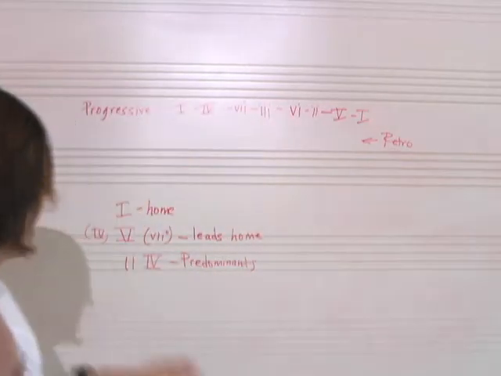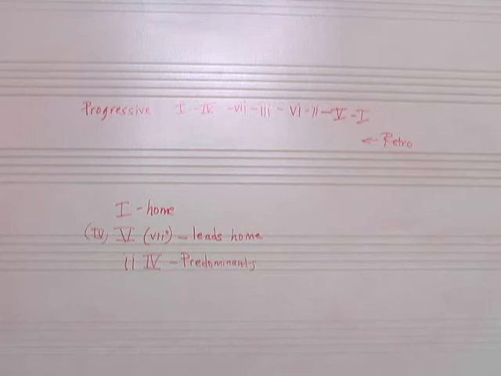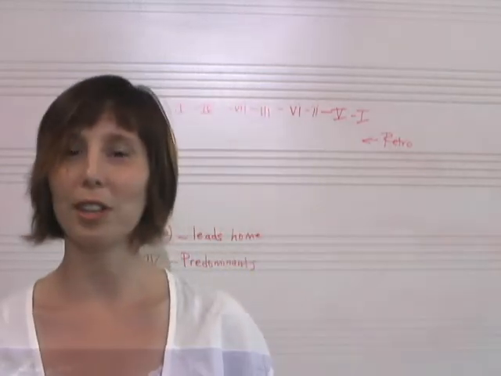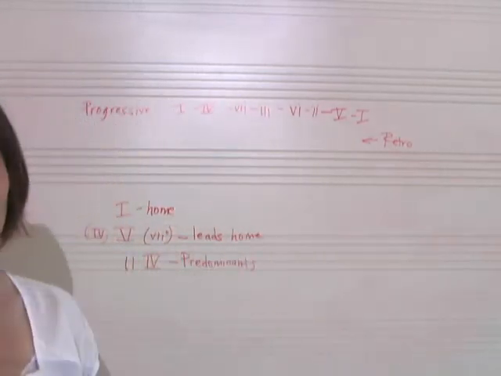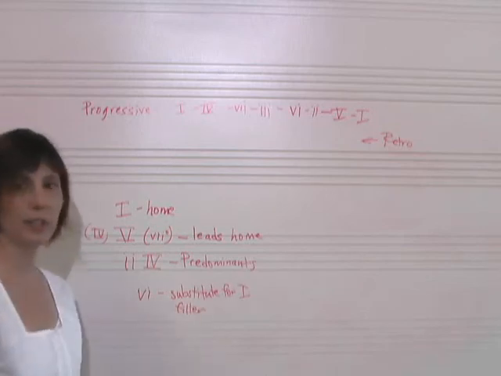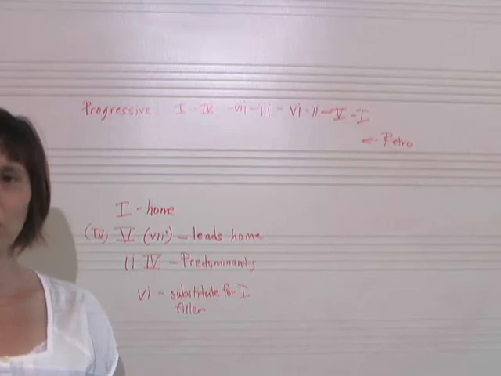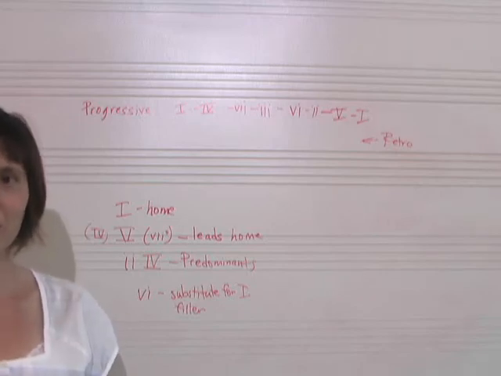And so we could substitute a 2 chord for a 4 chord. And then, of course, there are other chords we haven't mentioned. 6 chords can sometimes be used as a substitute for 1 chord if you want to change things up a little bit.